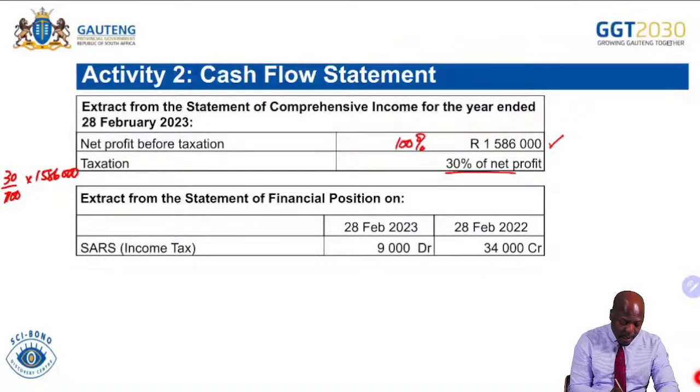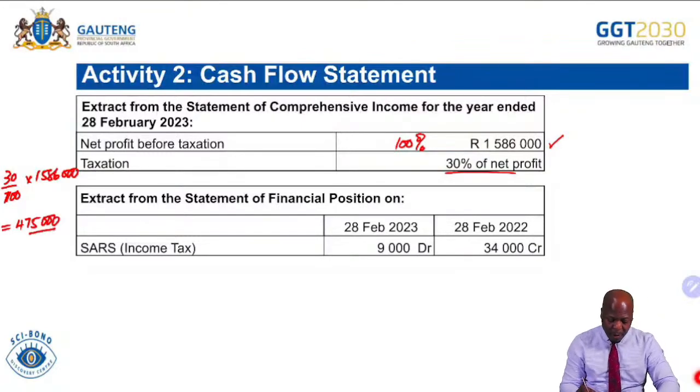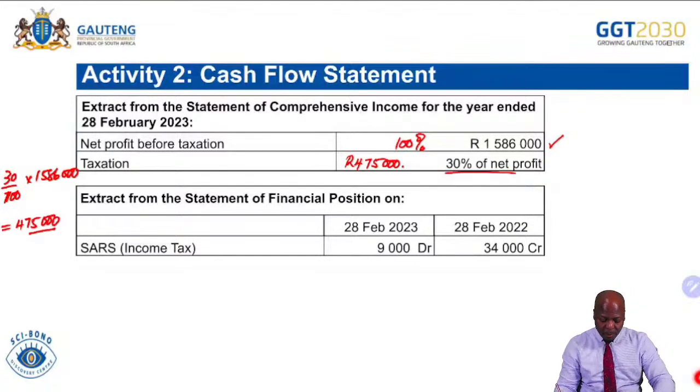So if I punch this in my calculator, how much do I then get? I end up with 475,000. The 475,000 becomes my income tax. So when I come here, I now know my taxation is 475,000. Then I can calculate the amount of tax paid.